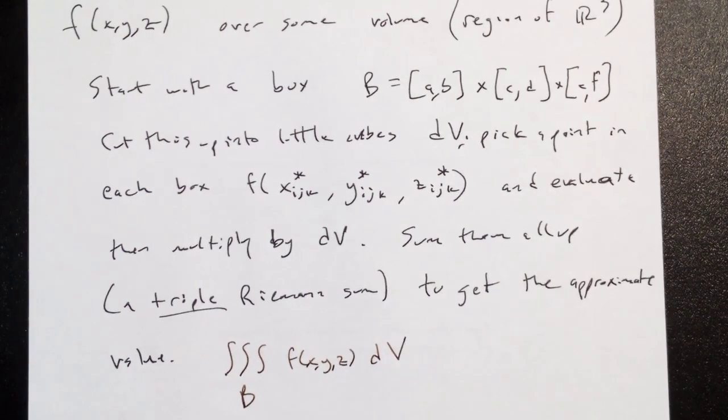The triple integral over the box B, that was the name of our box, of f of x, y, z dV. So I have defined our integral in exactly the same way we defined the double integral, in exactly the same way we defined the single integral, by looking at the limit of an approximation. Questions on the definition?